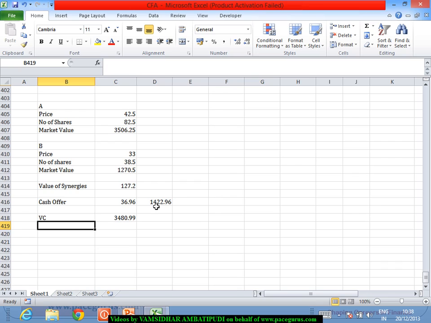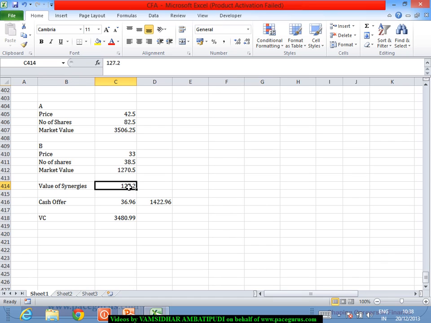So the value of the combined firm after the acquisition is 3,480. Means actually A is losing because of this acquisition. Alright. So what is the gain to the target? This is where A is losing.